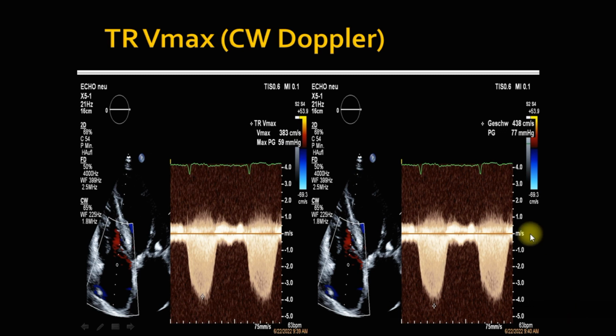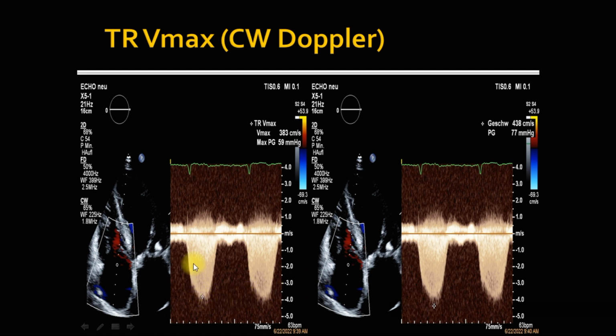An important thing to know when we measure the maximal velocity of the tricuspid regurgitation is where to measure. Here we have the signal of tricuspid regurgitation, the same slide, the same patient. Which peak should we measure?